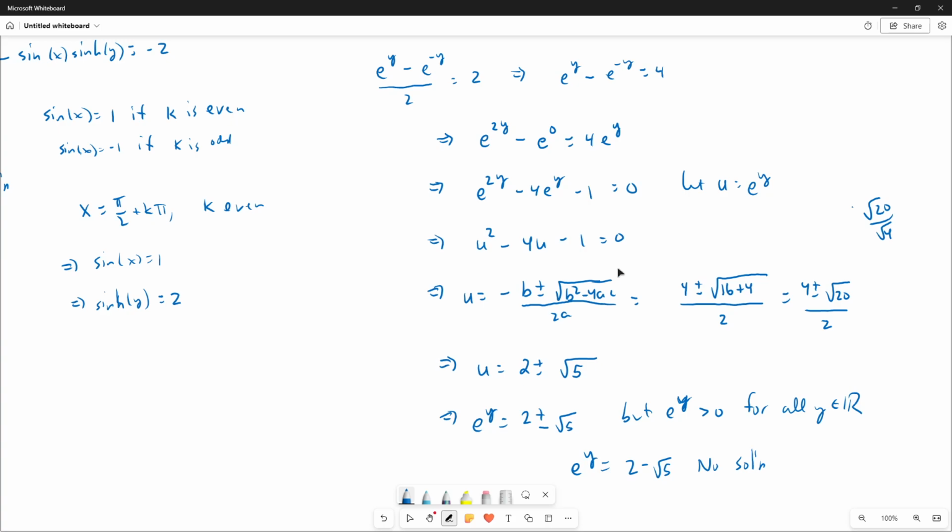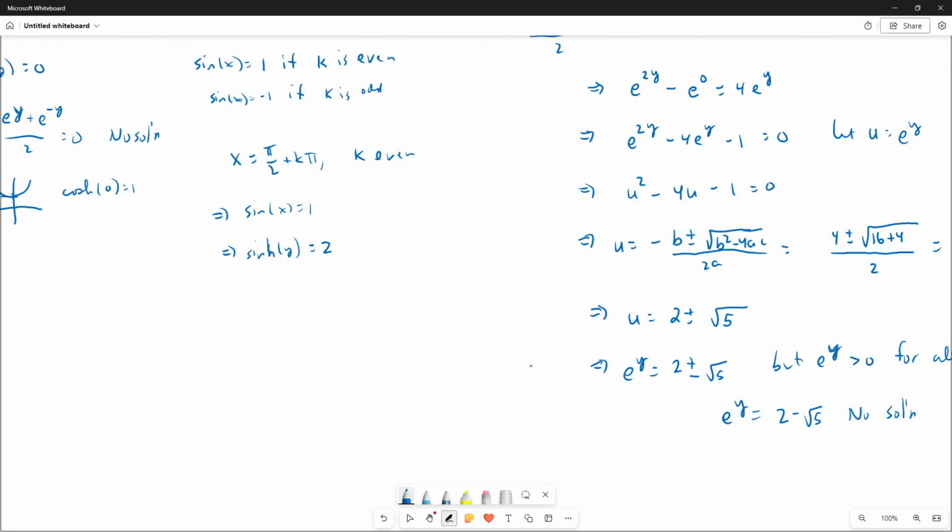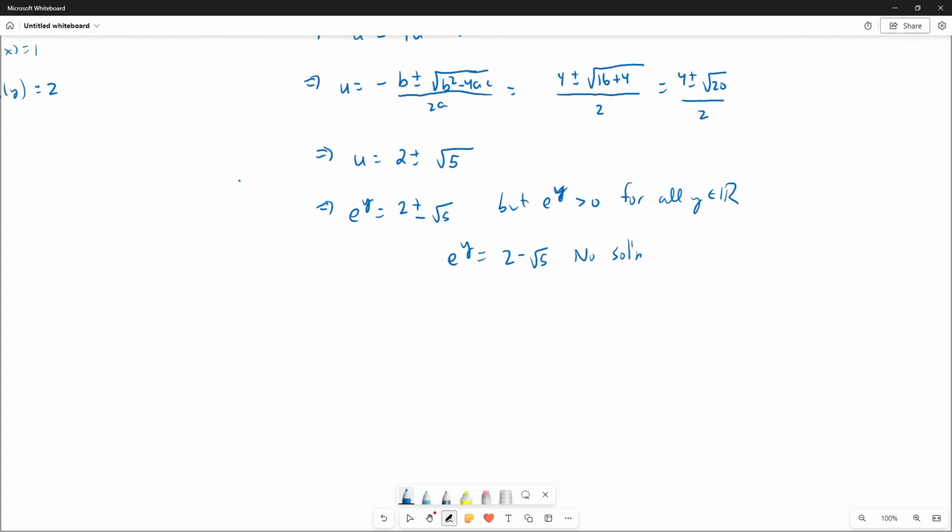And so that means we only have to consider e to the y equals 2 plus the square root of 5. And that means that y is the natural log of 2 plus the square root of 5.